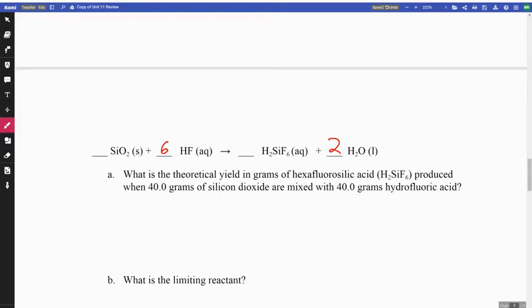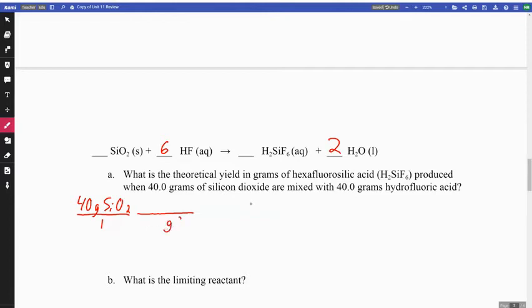So, same situation. We're going to do 2 stoichiometry problems. So, 40 grams of silicon dioxide over 1. We do our conversion factor.